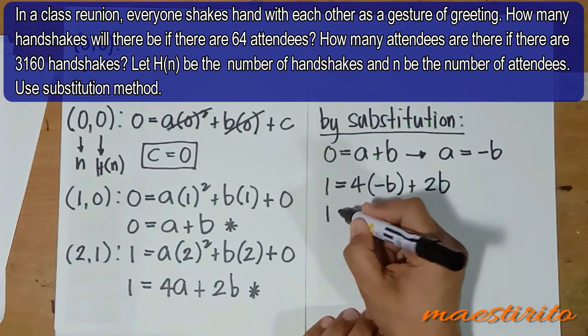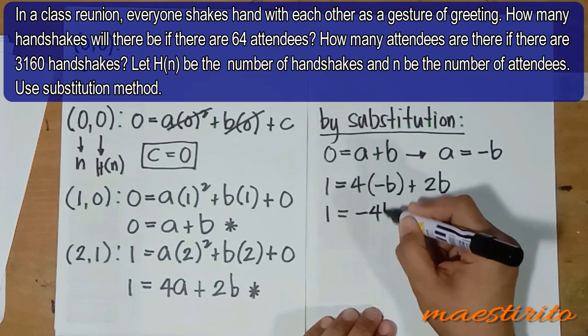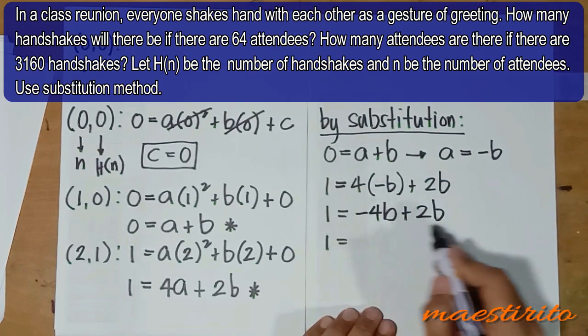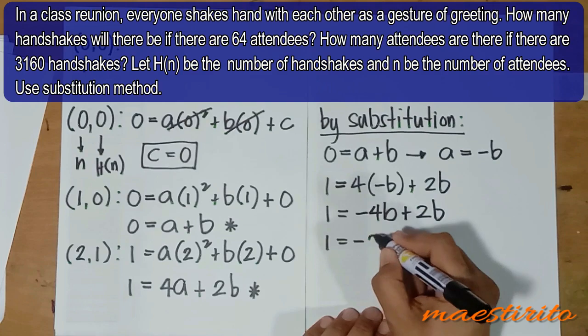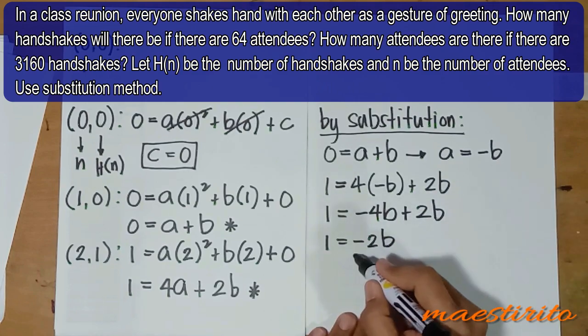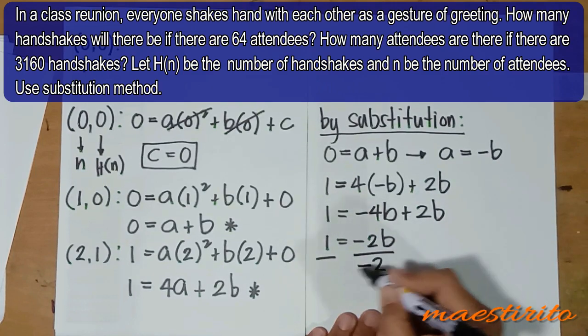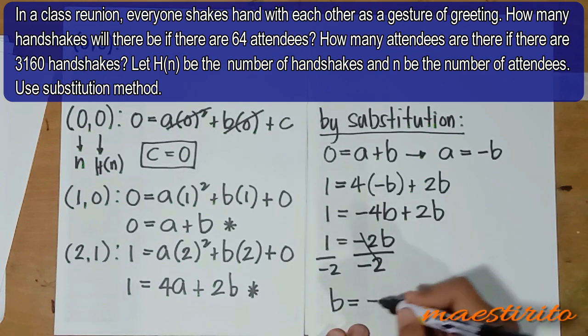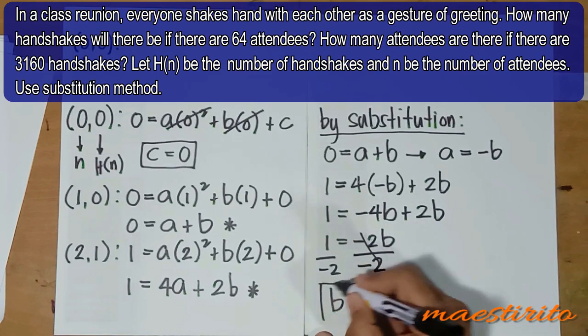So I have now 1 is equal to negative 4b plus 2b. So negative 4b plus 2b, of course, is negative 2b. Divide both sides by negative 2. So we now have a value for b which is negative 1/2.